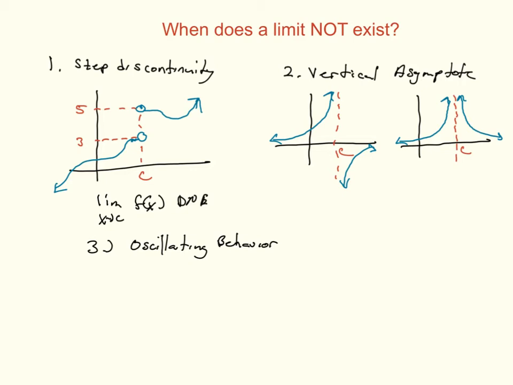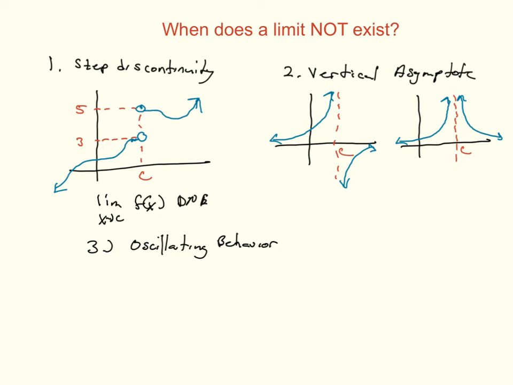So what's happening is that the function values are growing without bound, and that's the key. Since I'm going from the left, I'm going in this direction, and I'm going up here. I'm going to be growing without bound as I move closer and closer to c from the left, and as I move closer and closer to c from the right, I am also growing without bound.